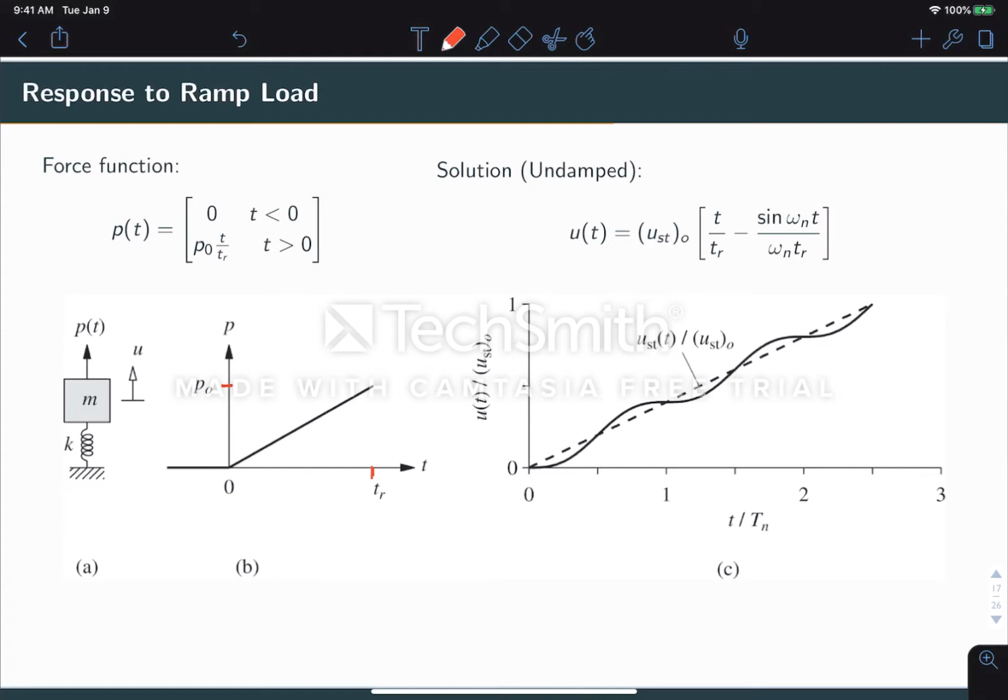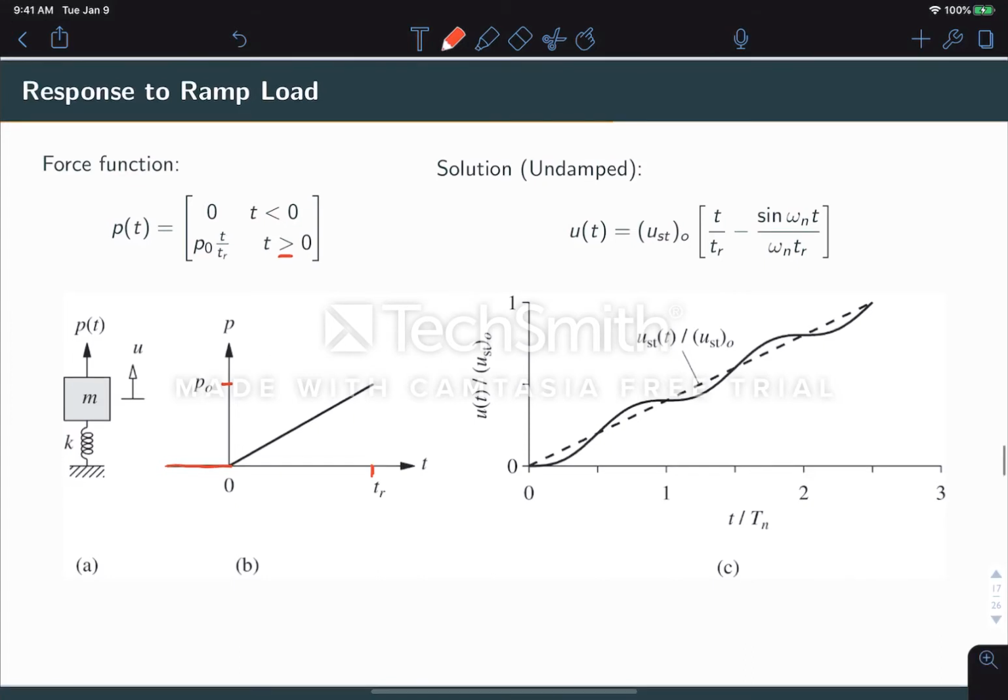And so expressing that analytically, we always have to emphasize that it's 0 before time 0, and then after time 0, it is equal to P naught times t over tr.